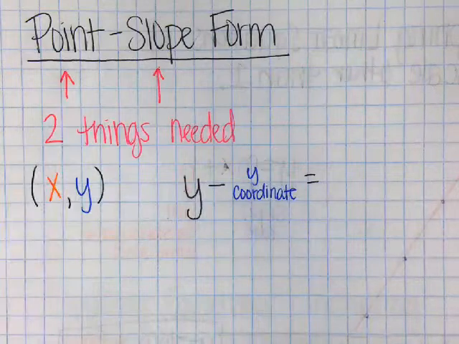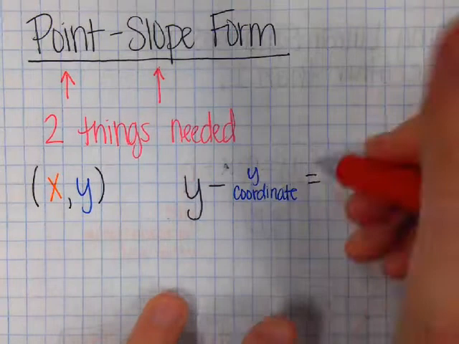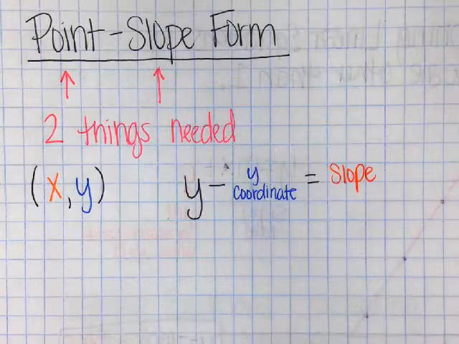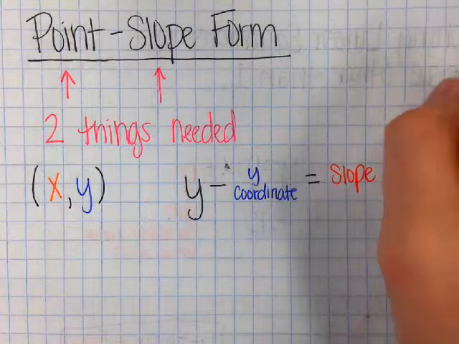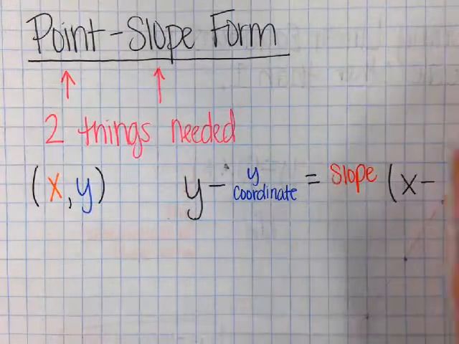equals the slope, parentheses, x minus the x coordinate.